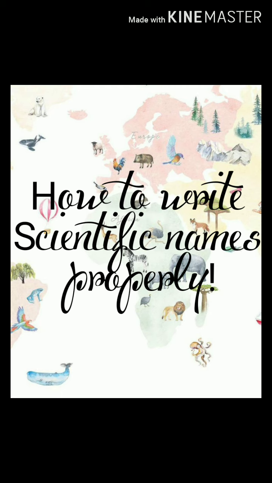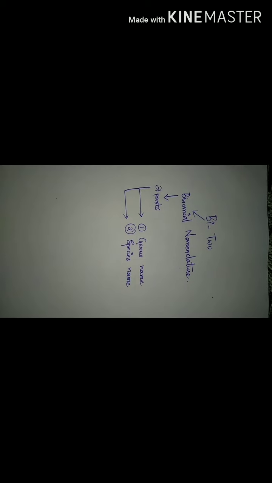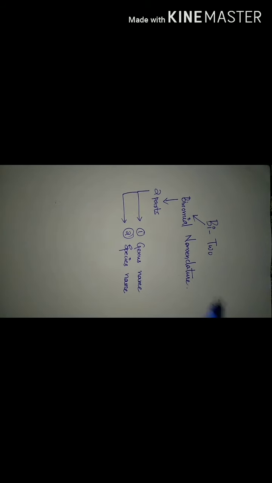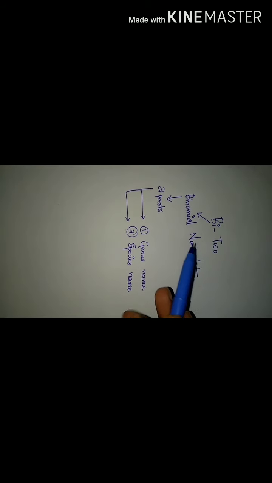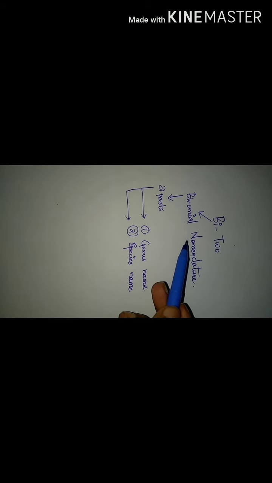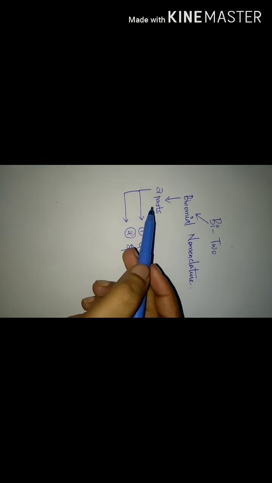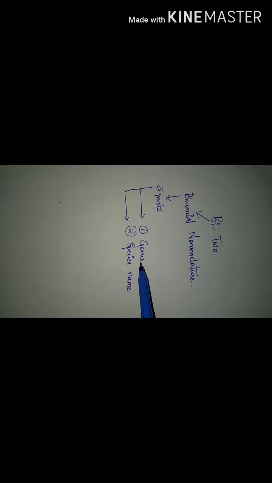But still, it is such an important topic, and such a basic topic, that every biologist or every student should know. As I have already told, bi means two. That is why it is called binomial nomenclature. And these binomial names have two parts. The first part is the genus part and the second part is the species part.